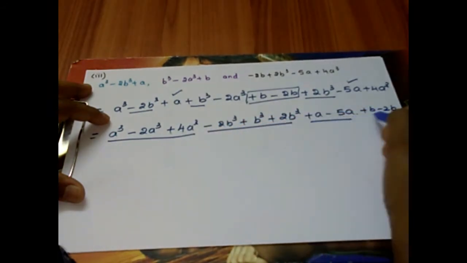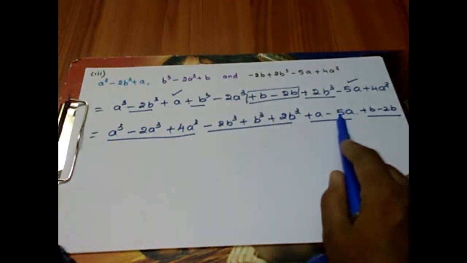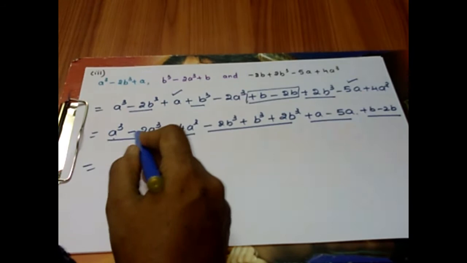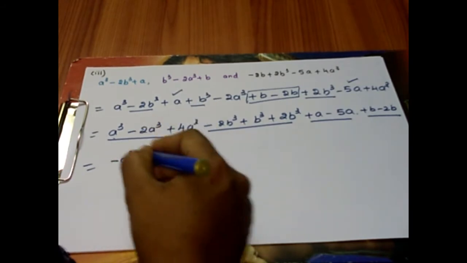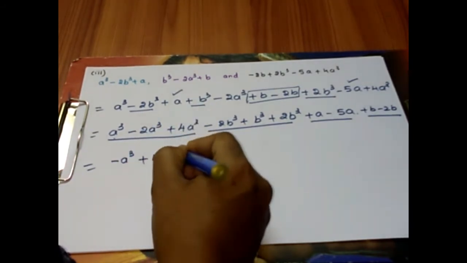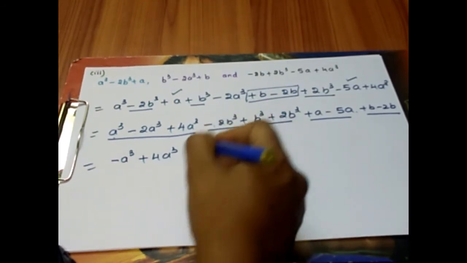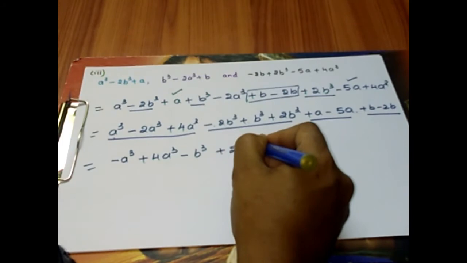We have 4 groups, one with a cube, one with b cube, one with a, and one with b. So a cube minus 2a cube, 1 plus 1 minus, subtract, and greater number is 2, so minus, plus 4a cube. 1 minus 1 plus 2 minus 1 is 1b cube, greater number is 2, so carry minus sign, plus 2b cube.